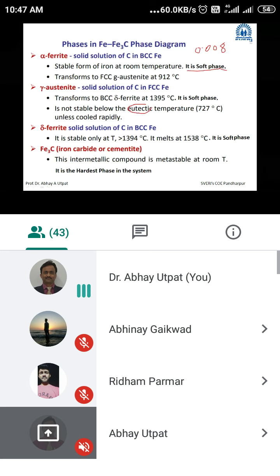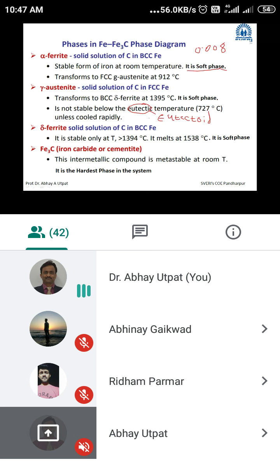This is wrong. This is eutectoid. So 727 is a border.